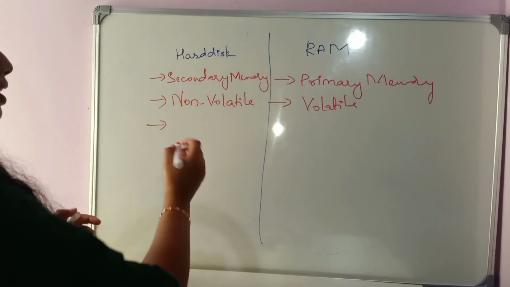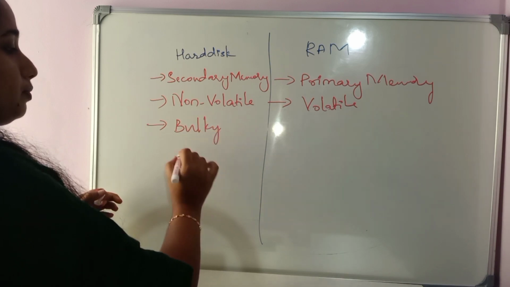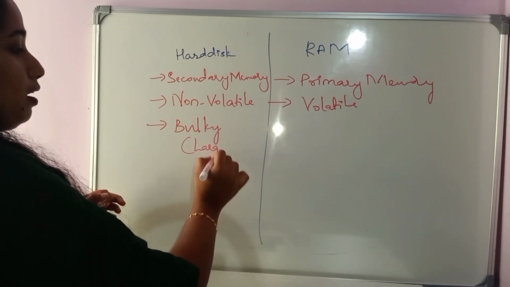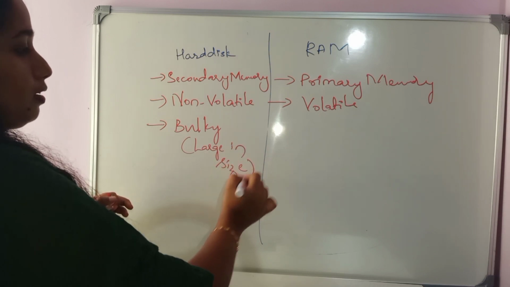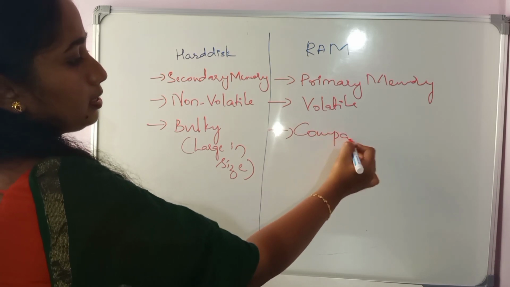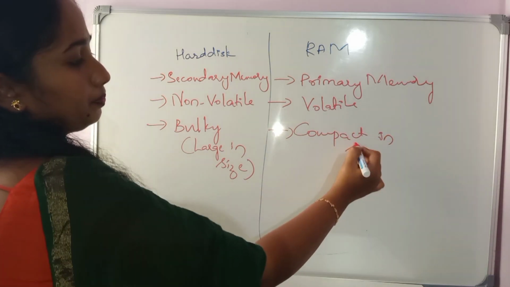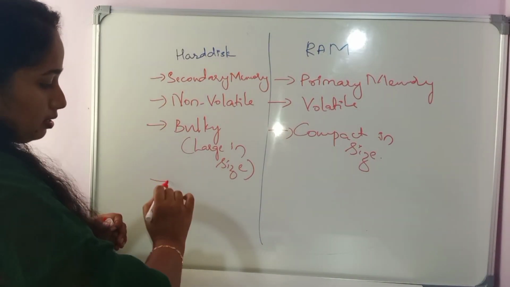Next, the hard disk is bulky, that is large in size, and RAM is compact in size.